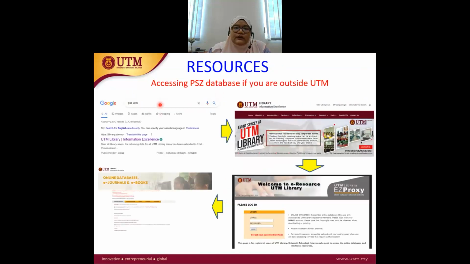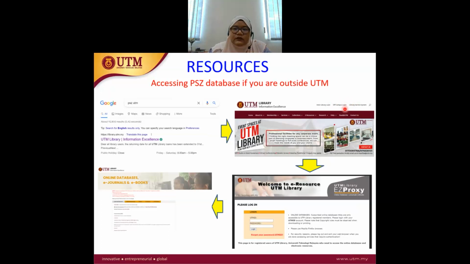Okay, this is when you are accessing our library. Just Google PSZ UTM, click the first thing that pops up, and then go to the library. Click this one, off campus login, if you are off campus and not using the UTM Wi-Fi.